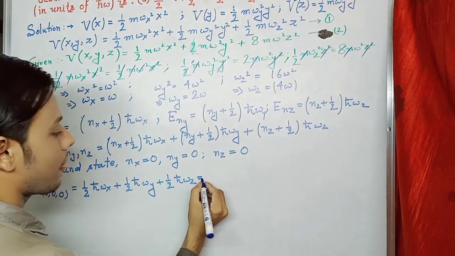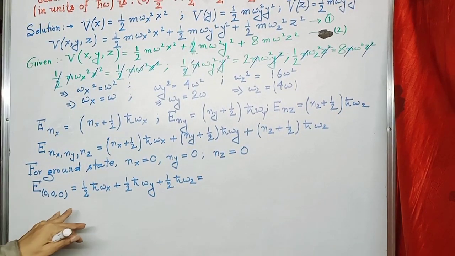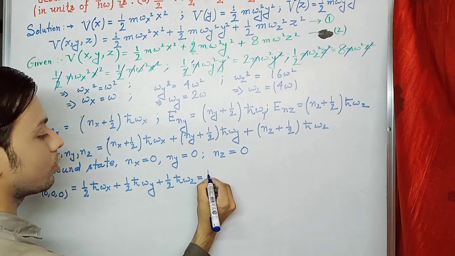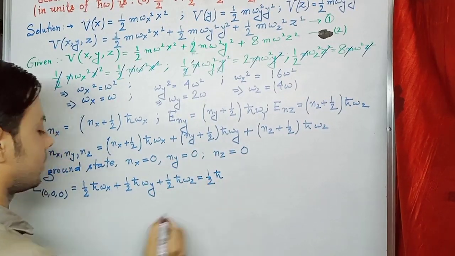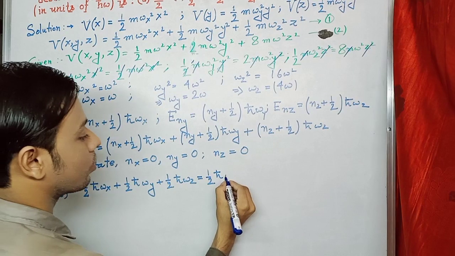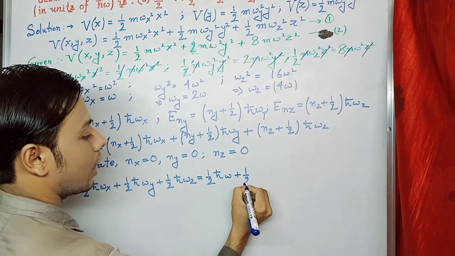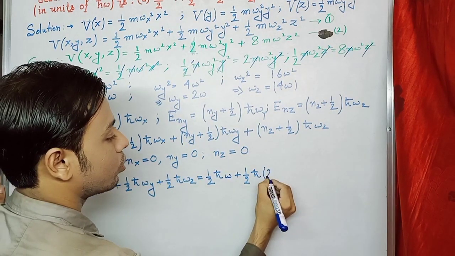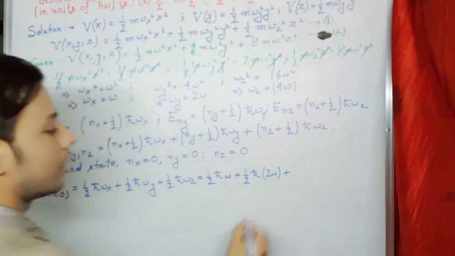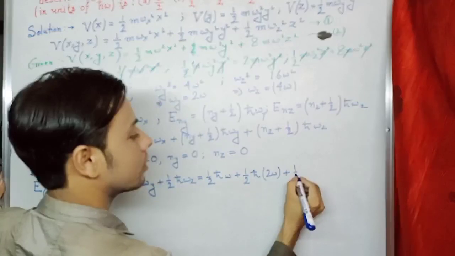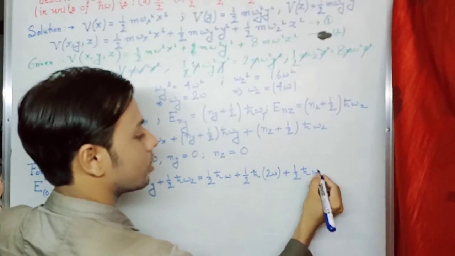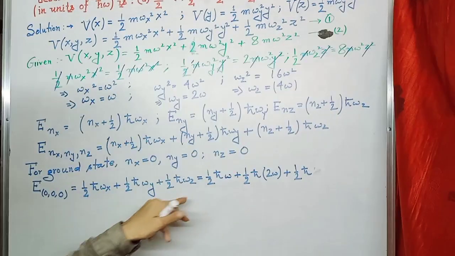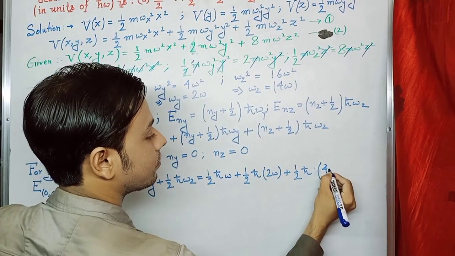From this equation, if we put the values of omega x, omega y and omega z, we get half h cut into omega, plus half h cut into 2 omega, plus half h cut into 4 omega.